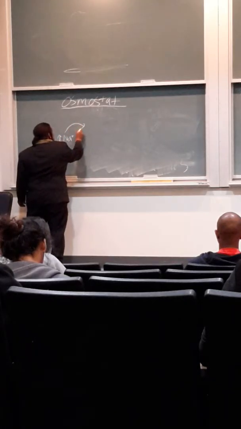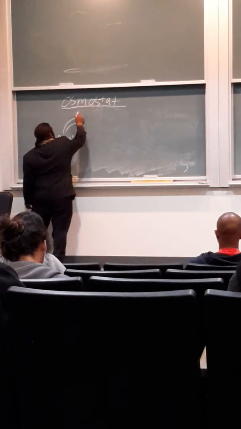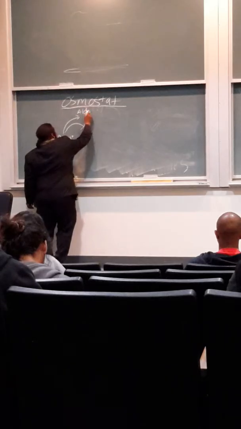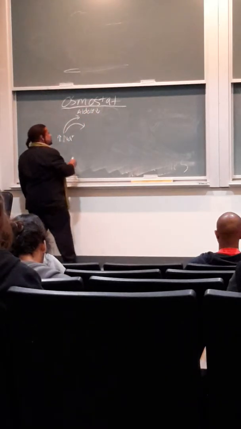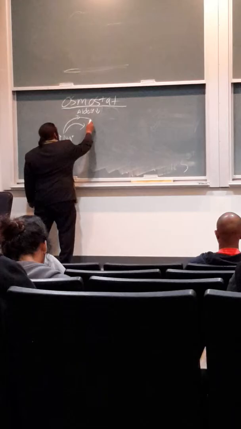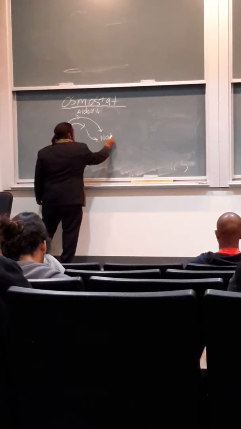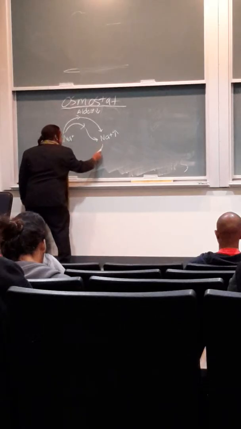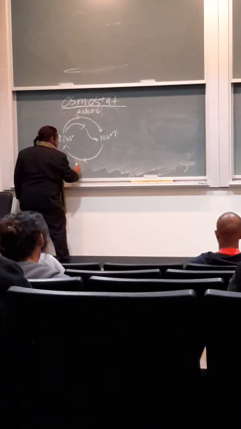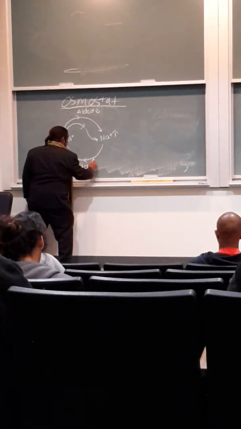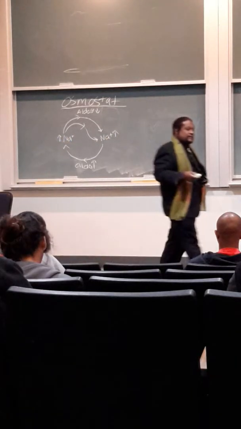If sodium goes up, aldosterone, as you'll see, goes down. If aldosterone goes down, sodium goes up. If sodium goes up, aldosterone goes up. And if aldosterone goes up, sodium goes up.